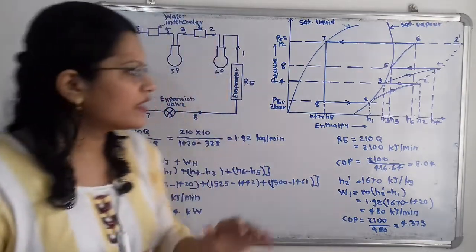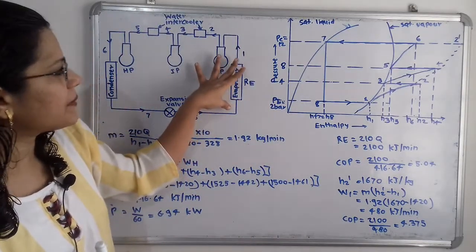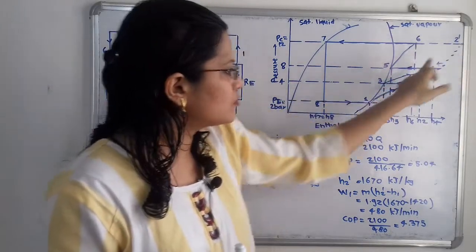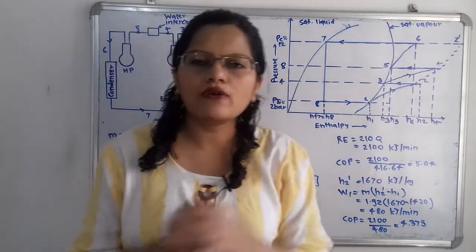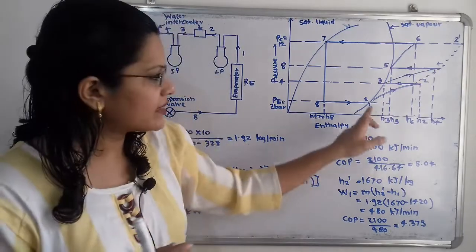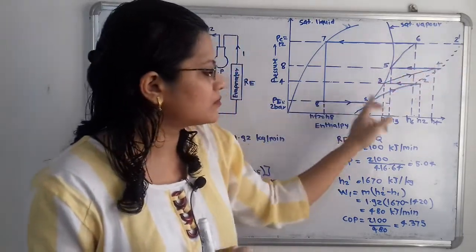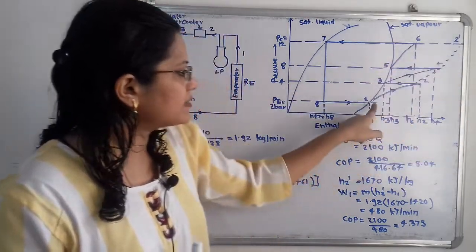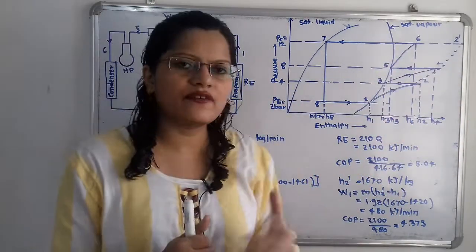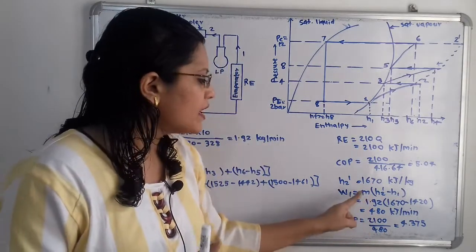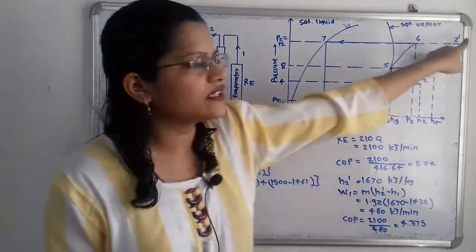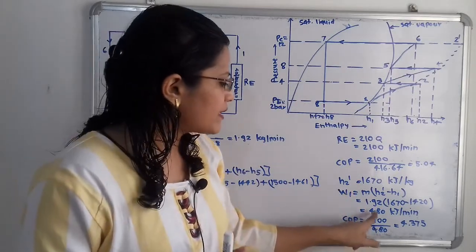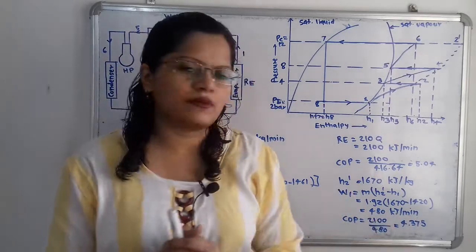Now we have to find the coefficient of performance. The refrigeration effect remains the same, but we take the enthalpy difference during this compression. The work done is the enthalpy difference multiplied by the mass m, that is H2 dash minus H1 multiplied by m. We call this W1, and it equals 480 kilojoule per minute.